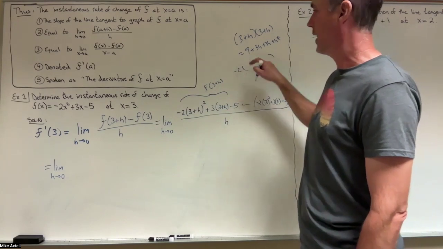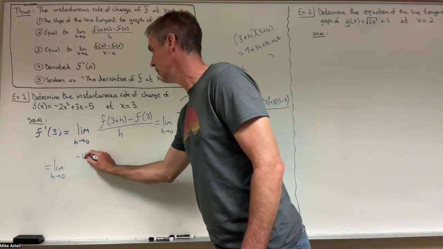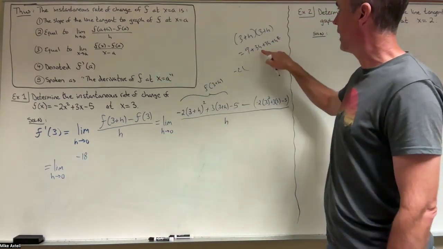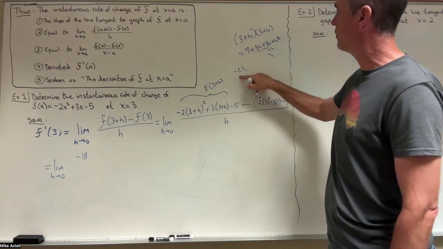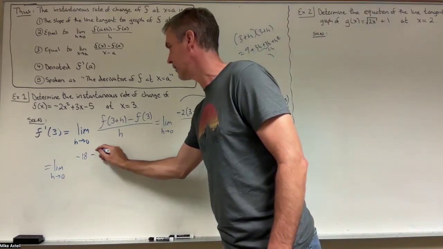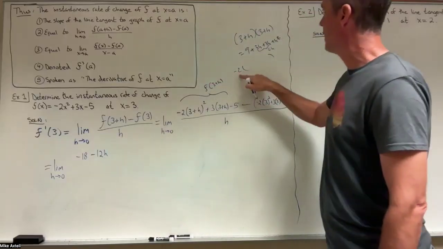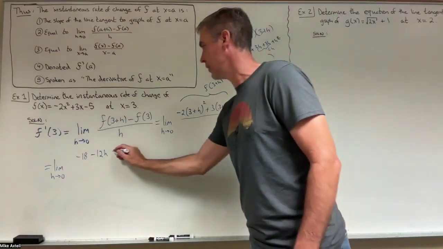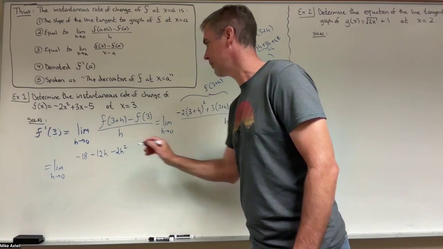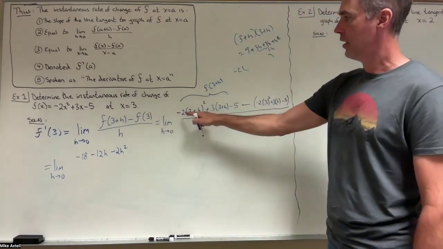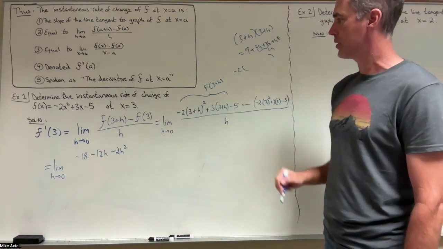So the -2 times the 9 is going to give me a -18. -2 times, well, that's a 6h, -2 times 6h is going to give me a -12h. And the -2 times the h squared is going to give me a -2h squared. So that took care of the -2 times 3 plus h quantity squared.